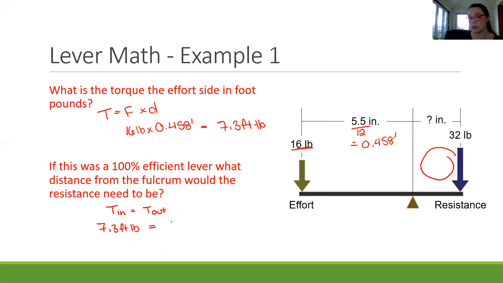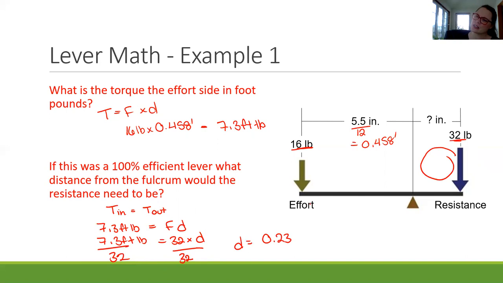That has to be equal to force times distance on the other side. We know how many pounds of force we have on the other side. So 7.3 foot-pounds is equal to 32 times whatever distance from the middle we are. We don't know where it is. We just rearrange and divide by 32, and the distance is equal to 0.23.